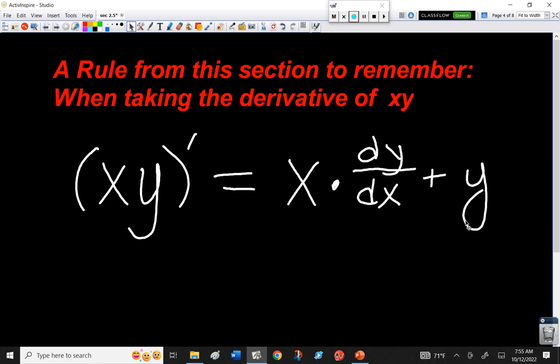So, hey, well, what happened to the x? Oh, that's right. The derivative of x is 1.